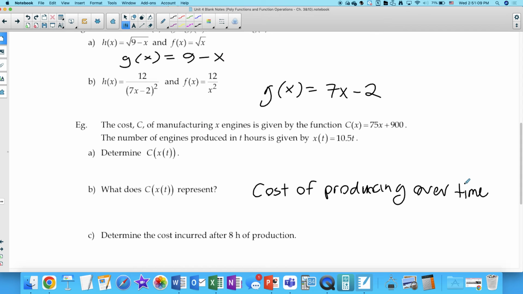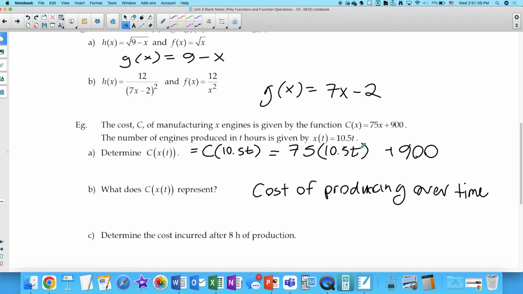Let's do that. C of x of t is going to be C of, well, x of t is 10.5t. Now I have to look at the cost function. It's 75 times something plus 900. So 75 times something plus 900, but now I'm going to put this guy in there.